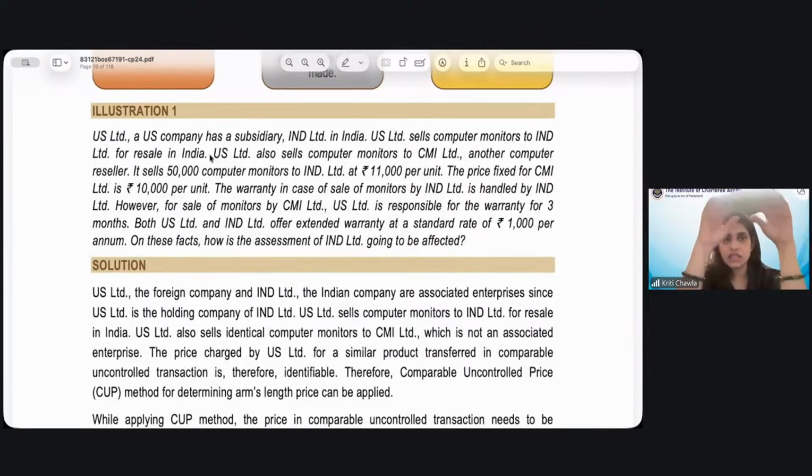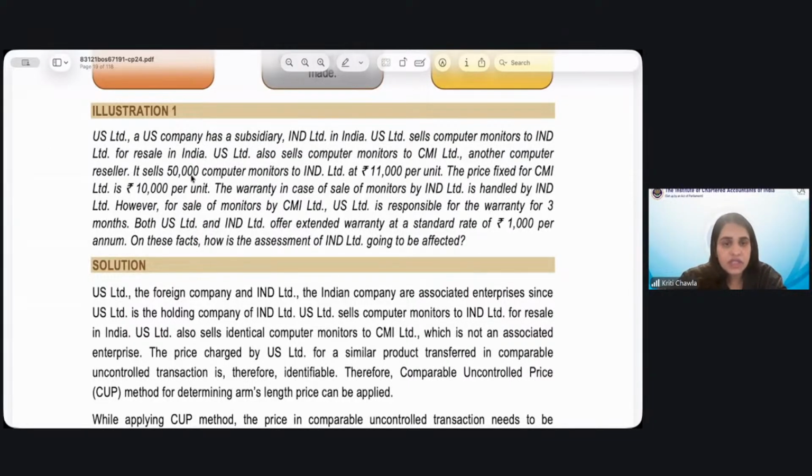US Limited, this is the US company. It has a subsidiary in India. This US company is actually selling computer monitors to IND Limited for resale in India. But then US Limited also sells computer monitors to CMI Limited, another computer reseller.